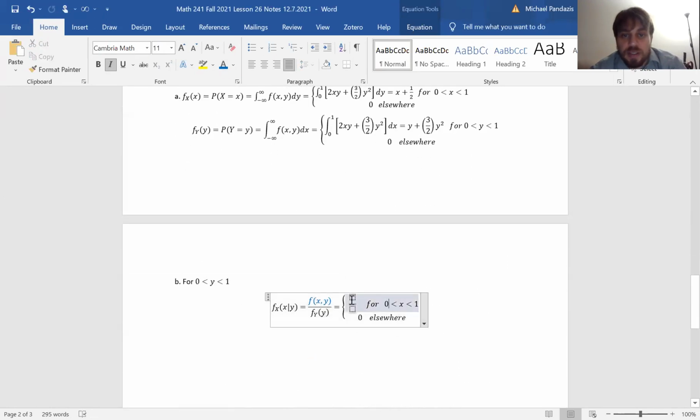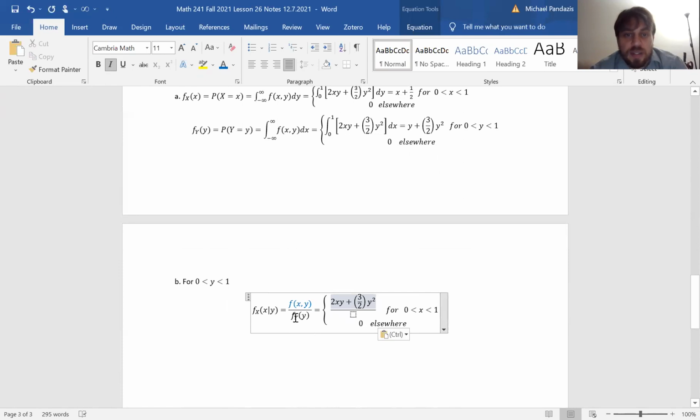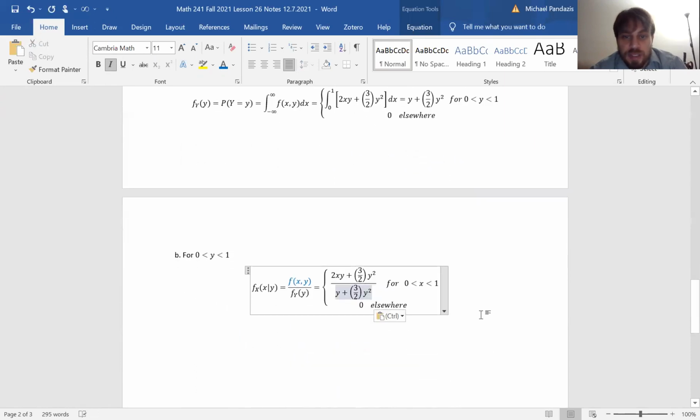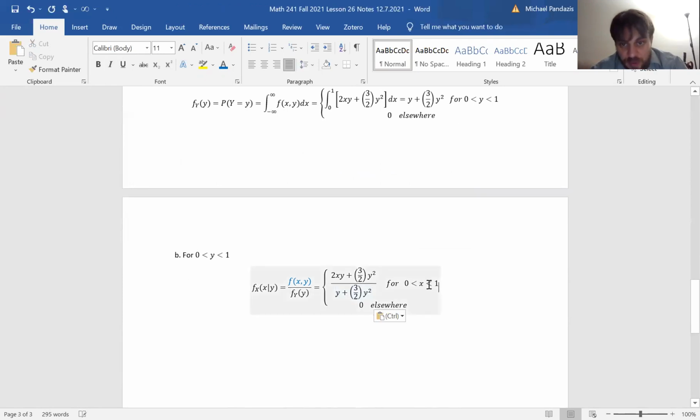And so that means here you get f as that. Now f sub y of y, we found if y is between 0 and 1 for these values of y, that f sub y of y is equal to that. And so you substitute, and you get that divided by that for x between 0 and 1, and 0 elsewhere.